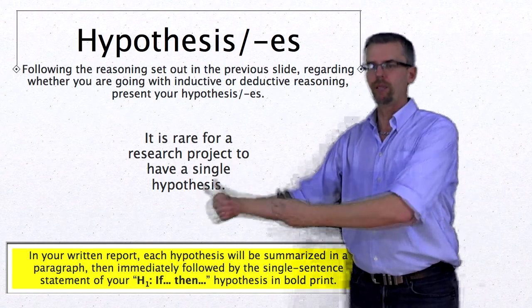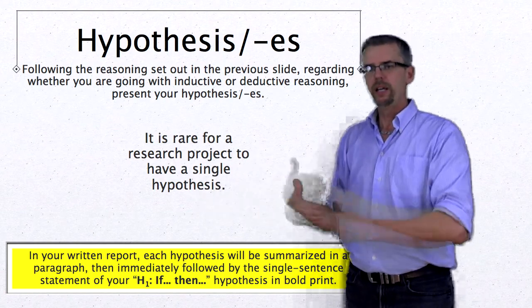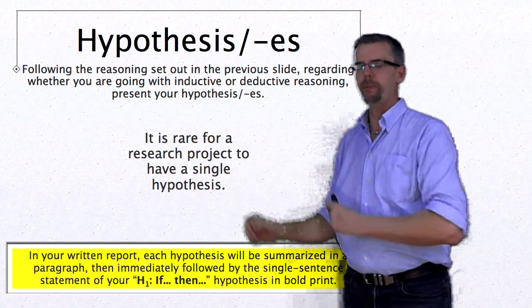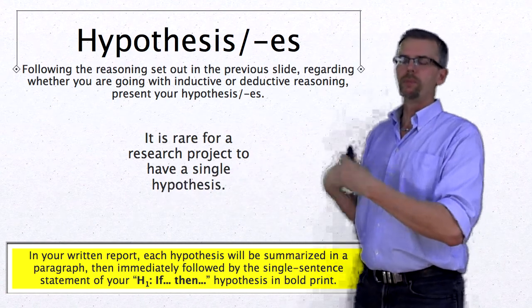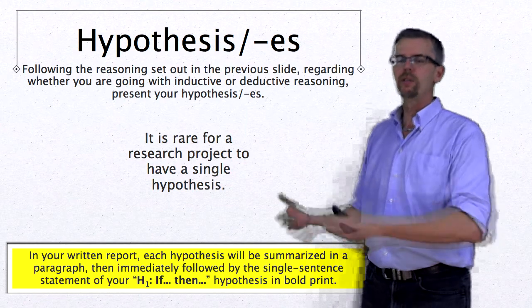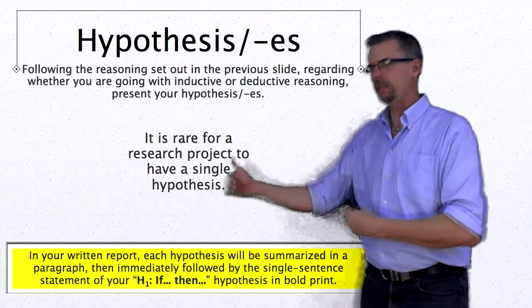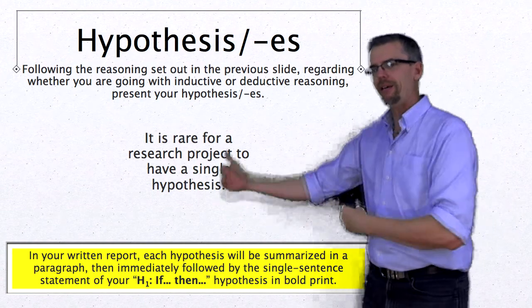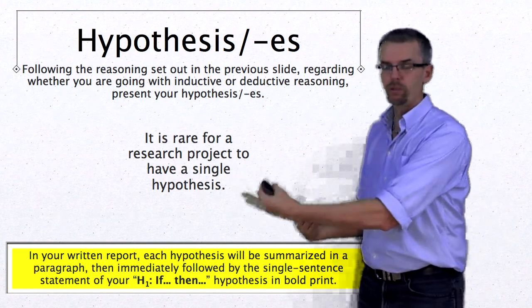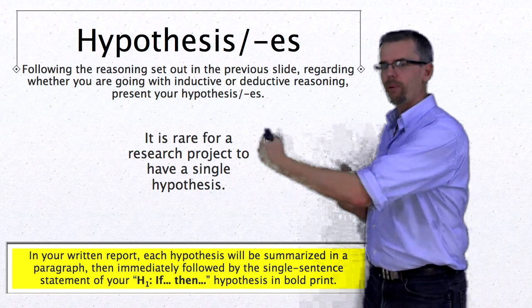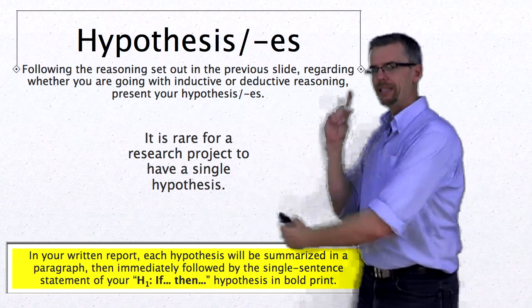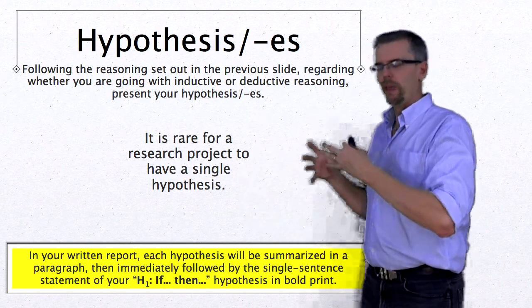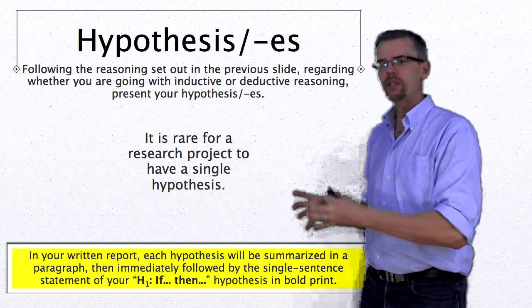If this is happening, or in a prescriptive analysis, if this is happening, then this is to be expected. If you're doing a prescriptive analysis, you can say, if we do this, then this is likely. Okay? So don't actually use if and then in your hypothesis unless you really want to. But think of your hypothesis as having those two elements in a single sentence so that you are making a claim. Because your hypothesis has to make a claim.